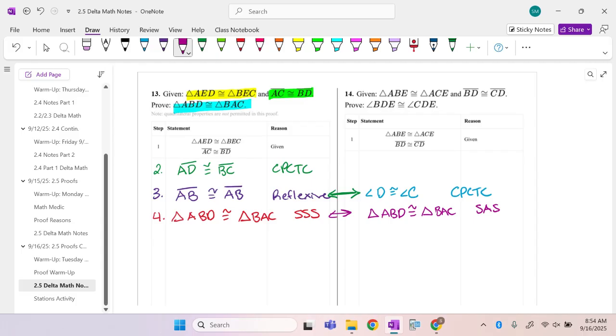The reason is just the postulate. What's the statement? No. The statement is the two triangles are congruent, so you actually make the triangle say that. The reason is by the postulate.